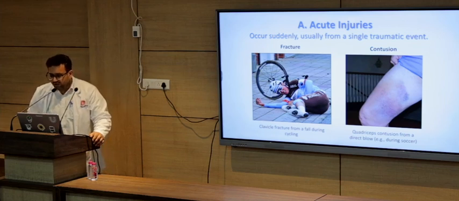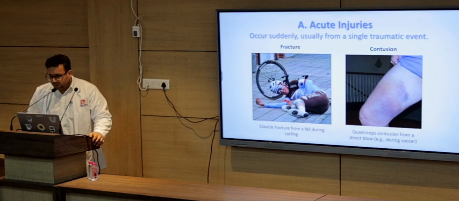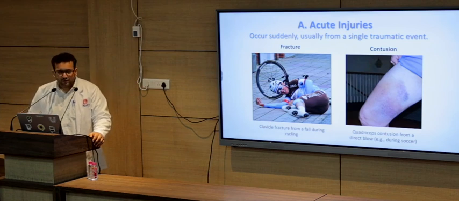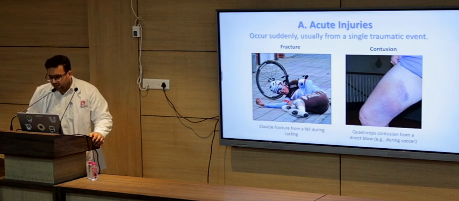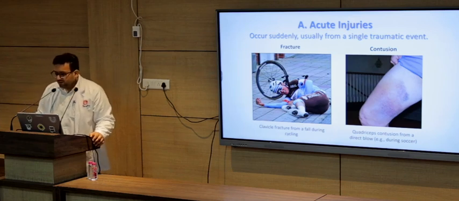For acute fractures like a fall from cycling, when a cyclist falls off the bike and lands on the shoulder or outstretched arm, it's the collarbone that often takes the impact, and there is a painful break, swelling, and obvious deformity over the shoulder region. Then there is contusion or bruise, that is a direct blow to soft tissue, such as a quadriceps contusion, which might occur in contact sports like hockey or martial arts.